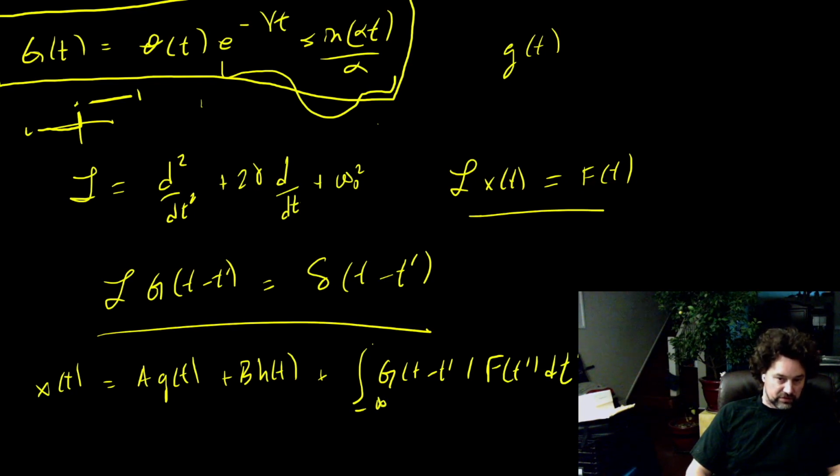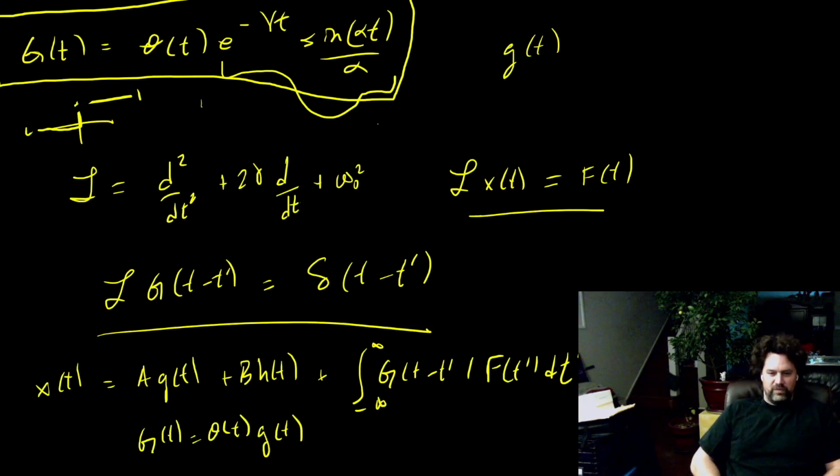So that's our full solution, and g of t equals theta of t times g of t, which is interesting: our Green's function, or what we're presuming is our Green's function to be shown, is just a Heaviside theta weighted homogeneous solution to the equation.